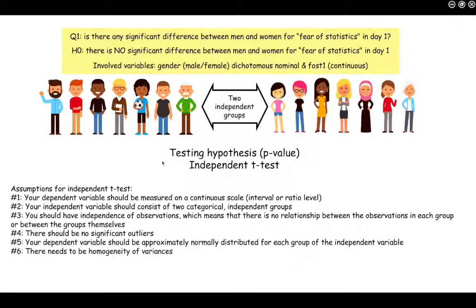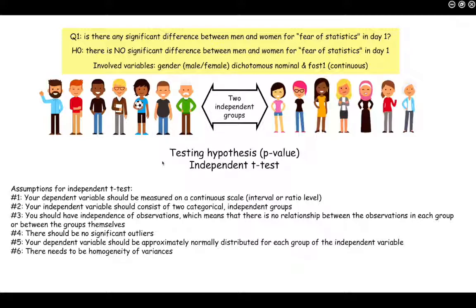The last assumption is that there needs to be homogeneity of variance. For assumption six, we need a test of homogeneity, and we can test this assumption in SPSS using Levene's test. I will explain it when we do the test there.